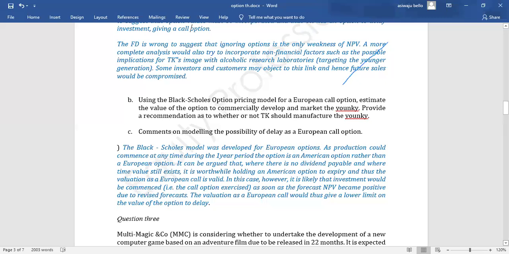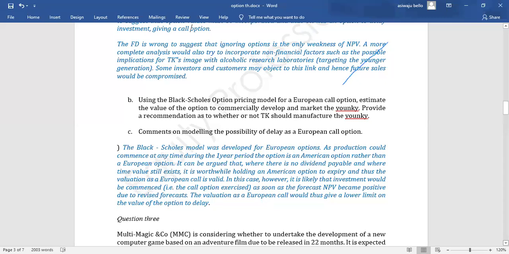Let me explain that. If there are no dividend payments and time value still exists, the company can wait until after 12 months before exercising its rights. In this case, we are now waiting until maturity.